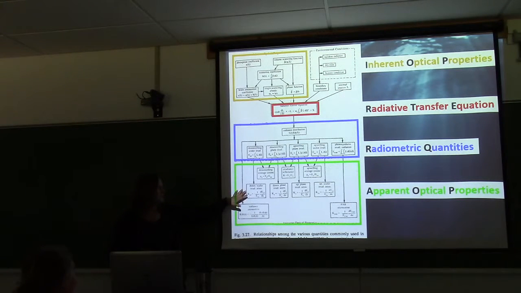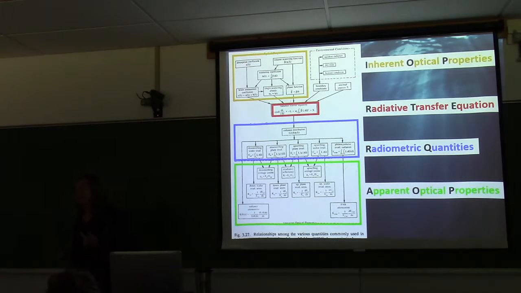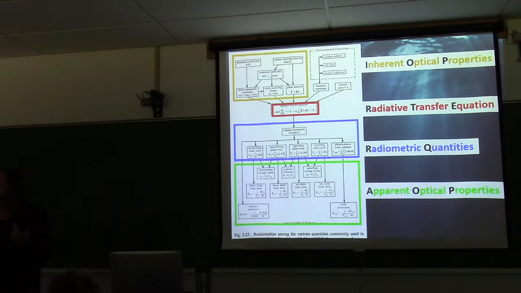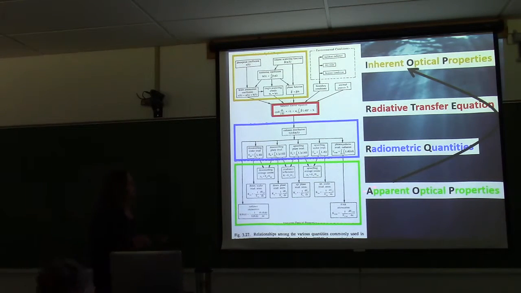These properties are derived from light measurements, but they provide us with descriptions of the optical properties of the water. Again, they're not inherent to the water, but they're related. And so we'll also talk about how we can take apparent optical properties derived from light measurements and predict the inherent optical properties, or absorption and scattering. And that is basically the entire course.